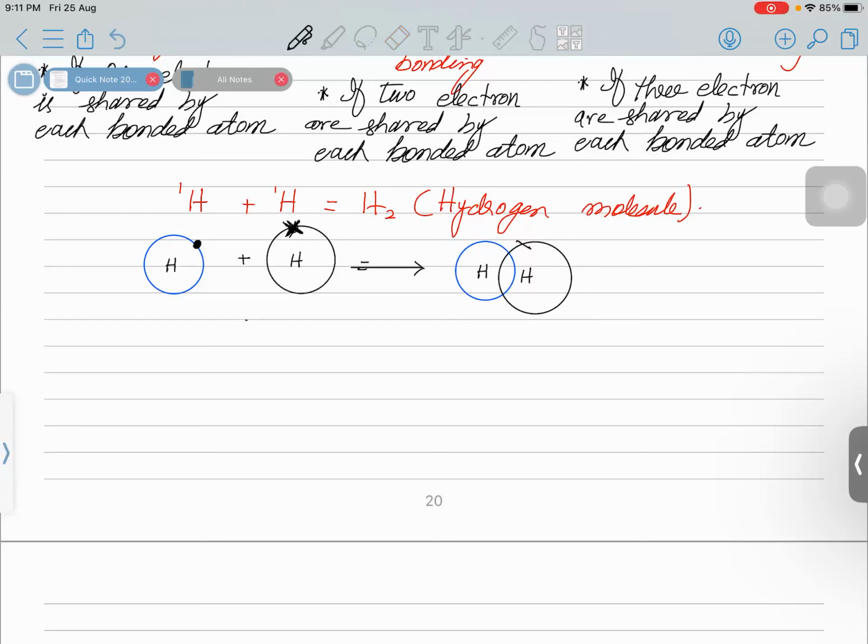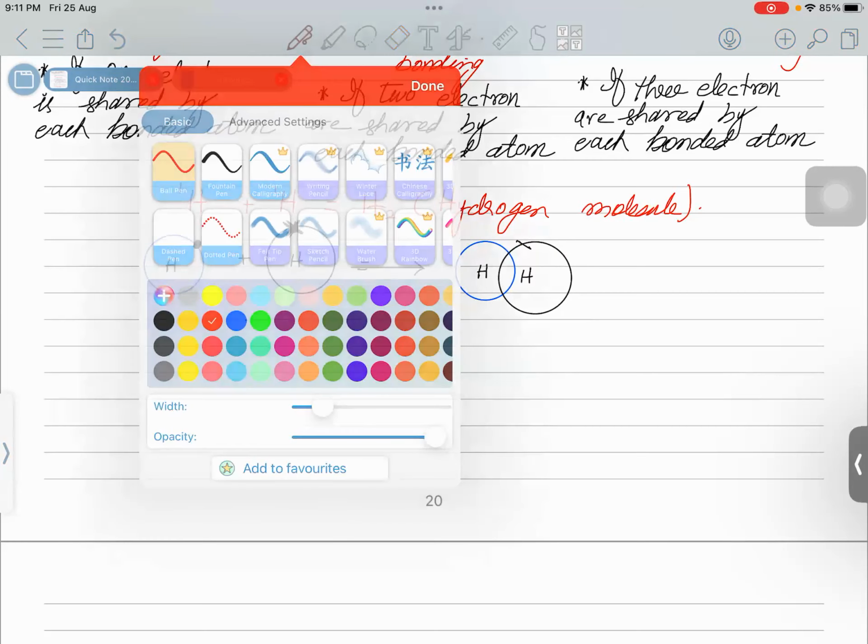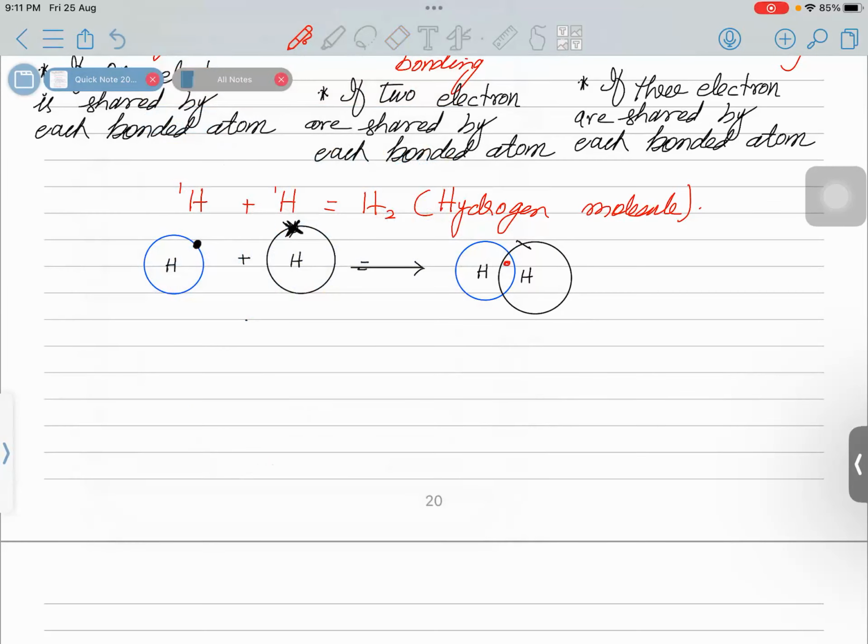This is another hydrogen atom. Here you have a dot, here you have a cross. So these are called the shared pair of electrons. So both hydrogens combine and form a hydrogen molecule.